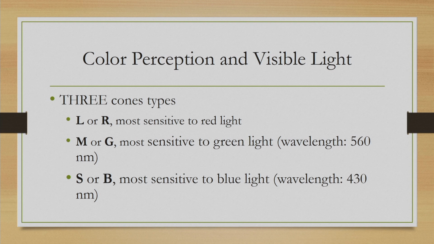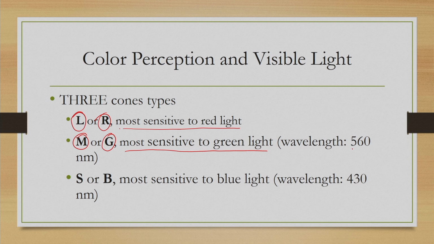Now, there are three cone types that are present in the retina, three types of cone photoreceptors. One type is called L or R. From the name you may guess, this type of cone is most sensitive to red light. Then we have M or G, which are most sensitive to green light.